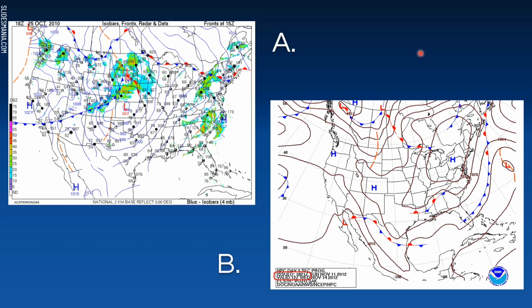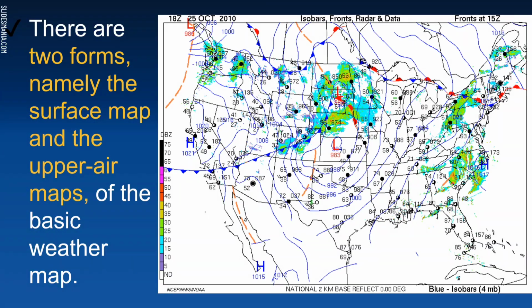So we have 2 forms of weather map, namely the surface map and the upper air map. So they are both weather maps, no? So what's the difference between the surface map and the upper air maps?